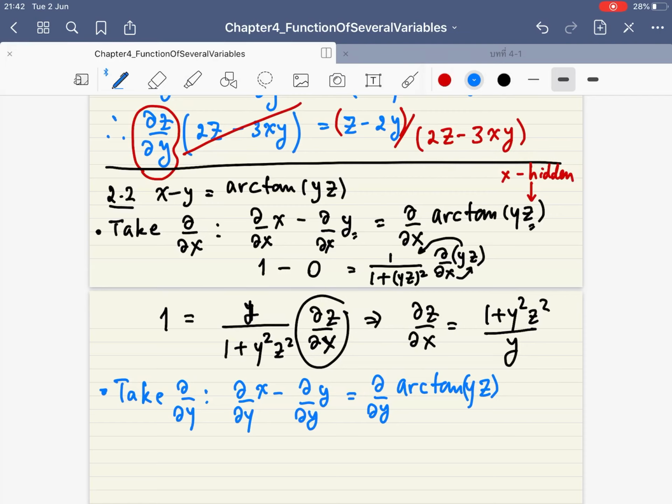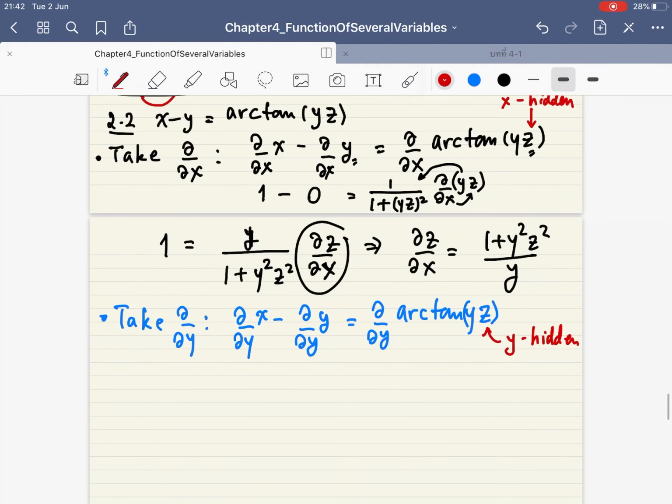And you need to remind yourself that here in this context your z has the y hidden. So here x is regarded to be a constant, y is a variable, and then this arctangent becomes 1 over 1 plus y squared z squared, and then the derivative of the inside with respect to y.